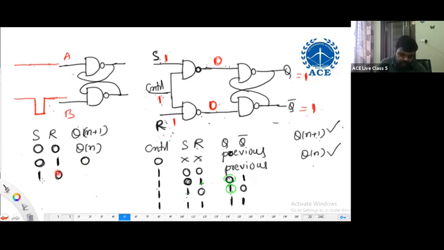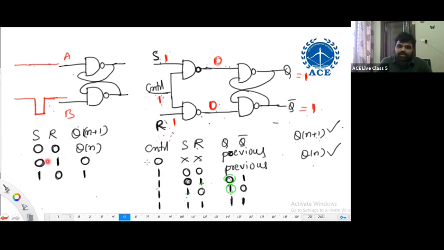When SR is 1, 0, what do we get here? Q is 1. I hope no one is having any doubt. You can mention in the chat box, till this, do you have any doubt? SR is 0, 0: previous, which is nothing but Q of n.